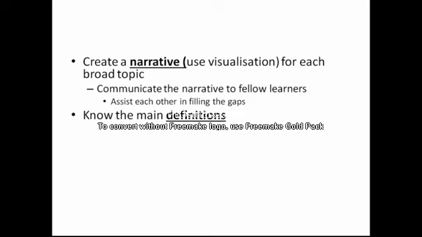So in creating this narrative or story, an important part is to know the main definitions. For example, if we take fixed assets as our topic, it's firstly important to know what an asset is. And we know an asset is that which the business owns.